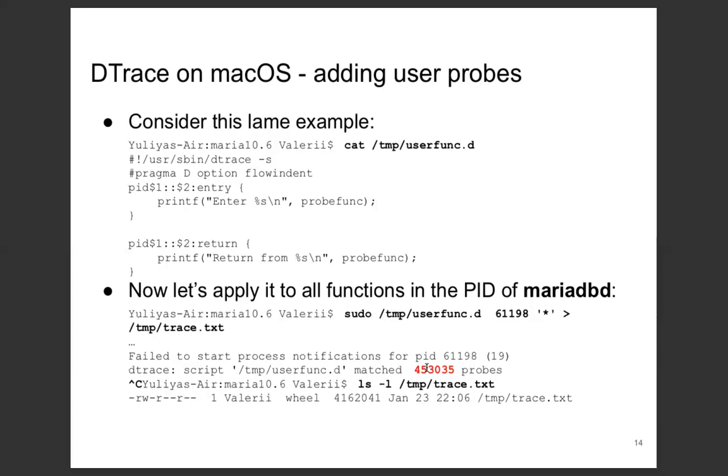And when I tried to do a test coverage check with BPF trace on Linux, it failed miserably on my hardware with that many probes. Here it just works. It creates a big enough file of 4 megabytes over a short enough period of time, but I can trace everything.